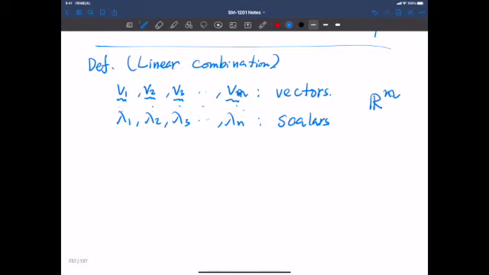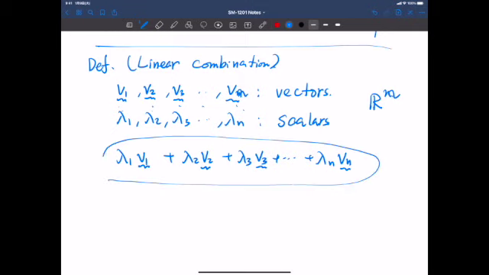Then an expression of this form, lambda 1 v1 plus lambda 2 v2 plus lambda 3 v3 and so on up to lambda n vn, is called the linear combination of these n vectors with coefficients lambda 1, lambda 2, and so on.